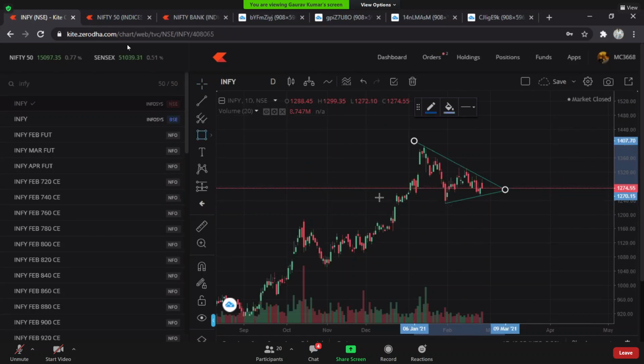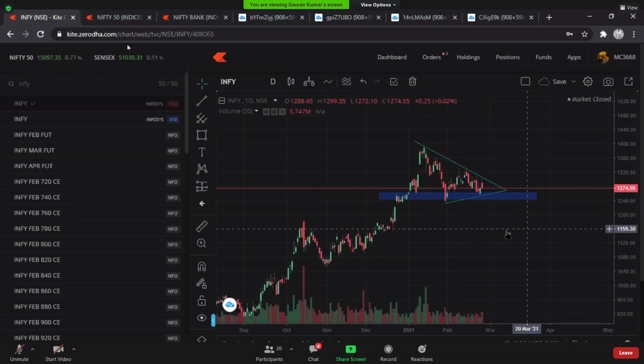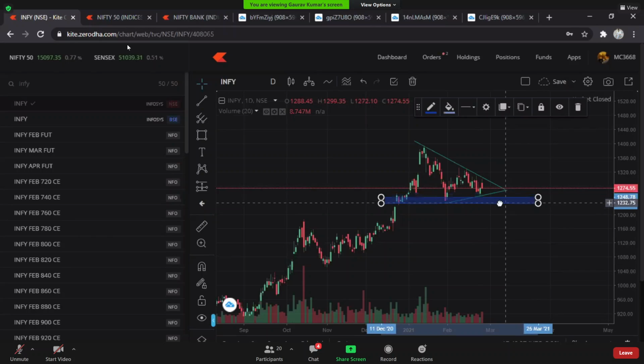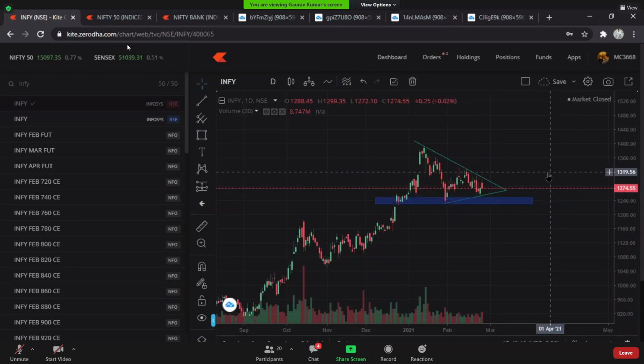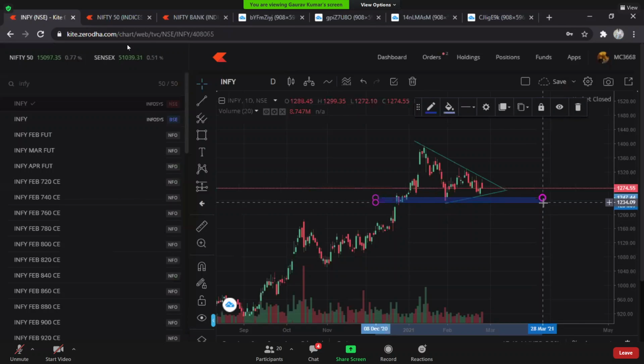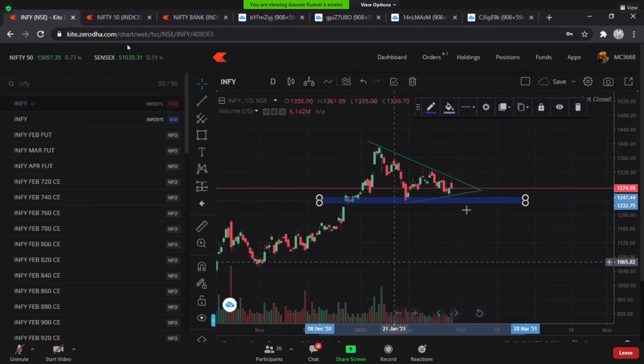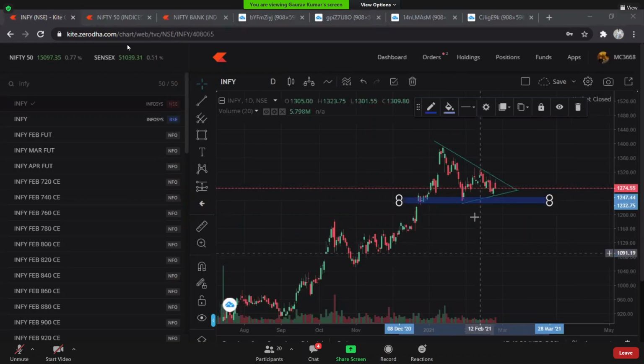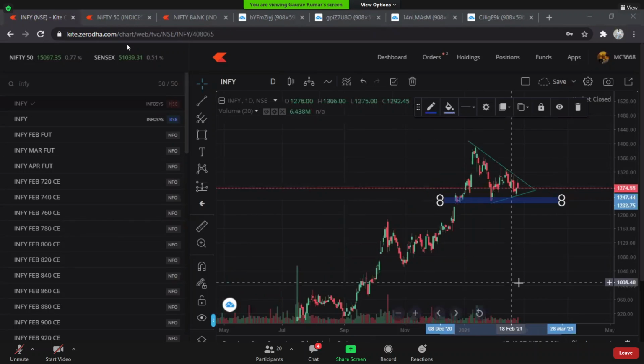And what you will find is that this is a good support level for Infi, and it is inside this descending triangle kind of structure now. So of course, this is tradable if a downside breakout happens. And for an upside breakout, always wait for some volume and a good candle above this zone.